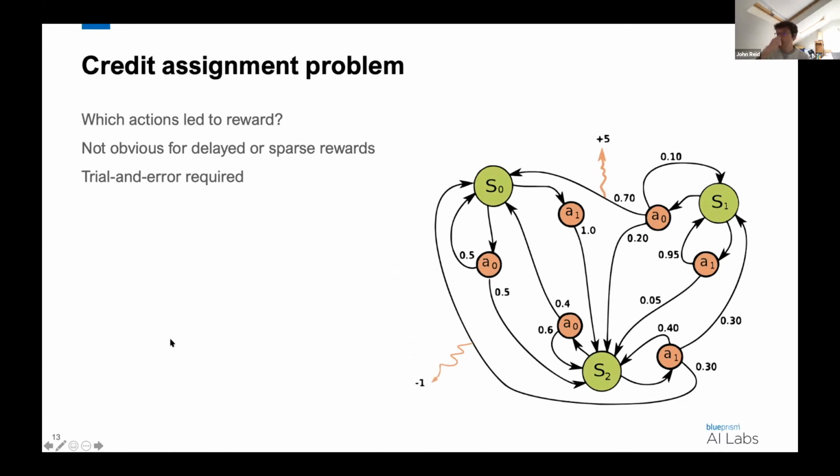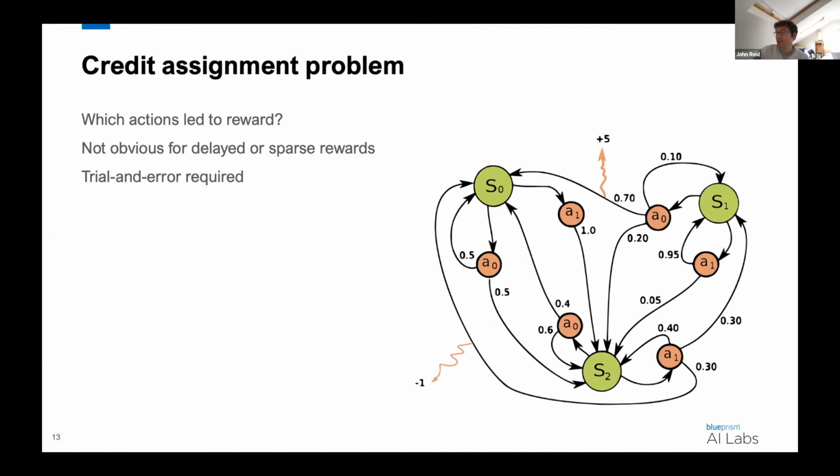Okay, so the credit assignment problem is a well-known problem that's at the heart of a lot of the difficulties in RL. And I think we briefly mentioned this earlier, but here's a more concrete example. So really here we're asking which actions led to a reward, and this isn't obvious for delayed or sparse rewards.